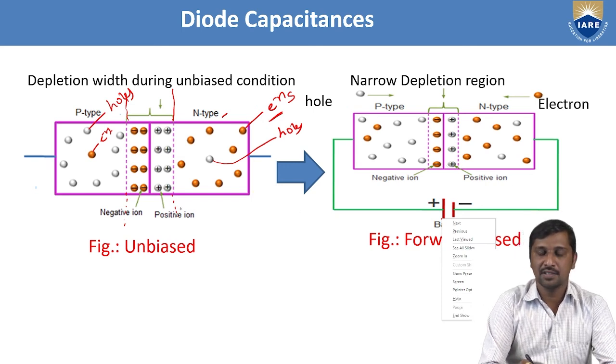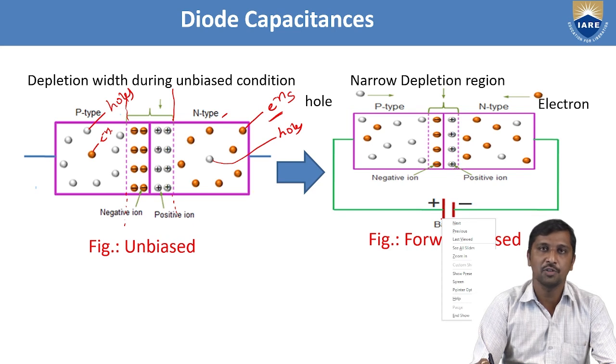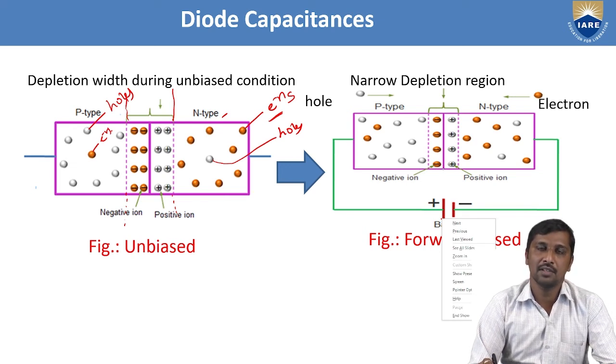Compared with the unbiased diode, under this forward bias, what happens here? It reduces the depletion width. Then what happens whenever it reduces the depletion width? More charge carriers diffuse from one region to the other region to form electron and hole pairs.